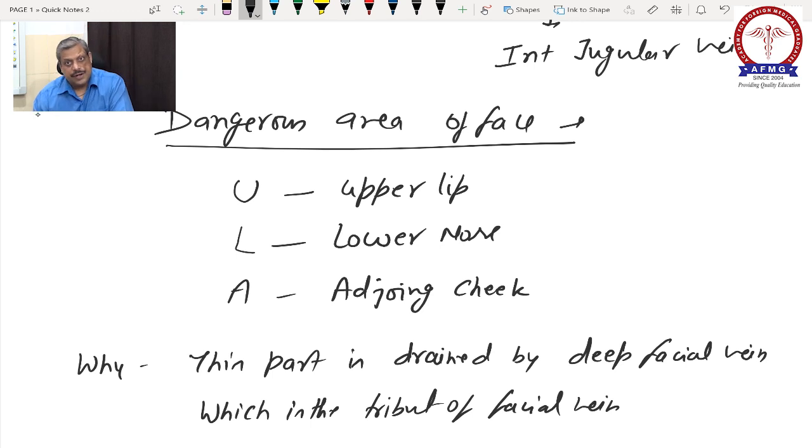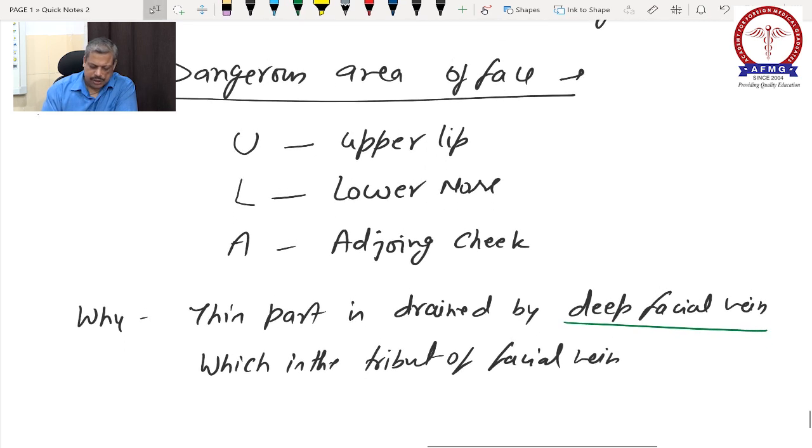See, the facial vein is different and the common facial vein is different. The facial vein is a tributary of the common facial vein. Clear? But we should focus here: the deep facial vein drains the upper lip, lower nose and adjoining cheek. Up to this point there is no problem. The deep facial vein drains this area into the facial vein, which drains into the common facial vein.